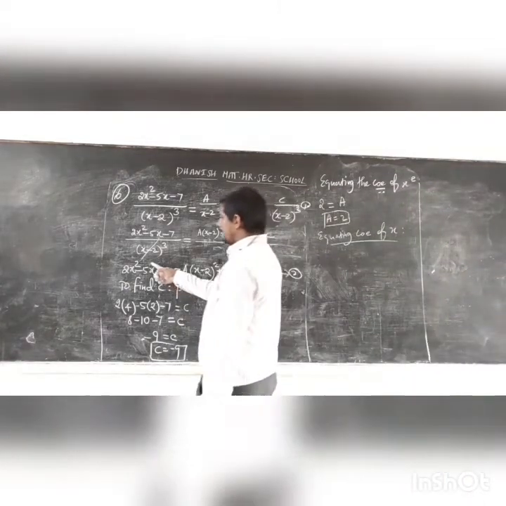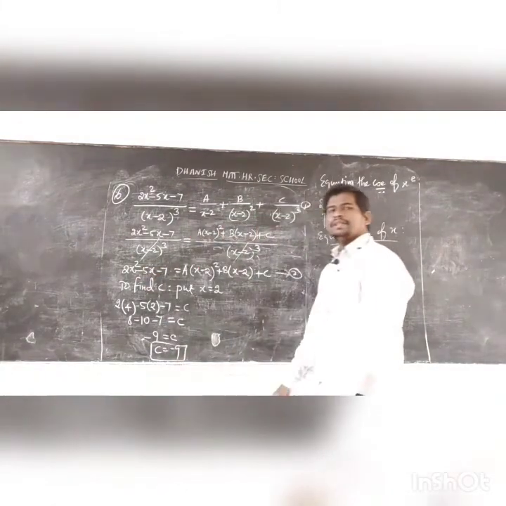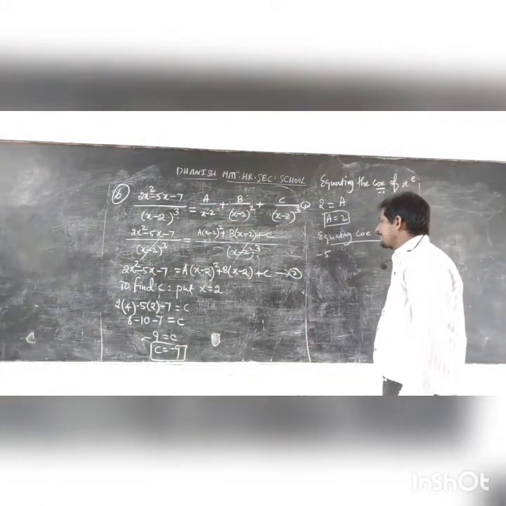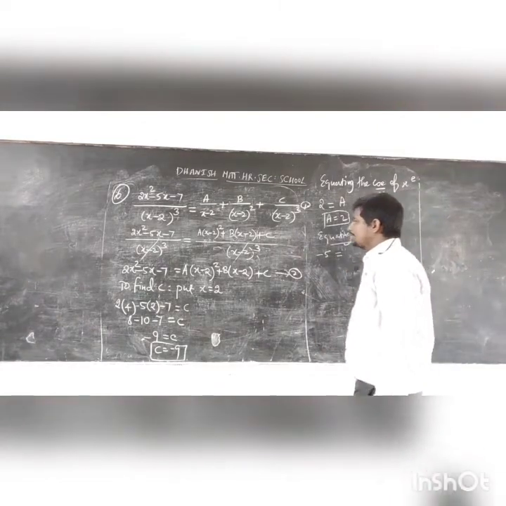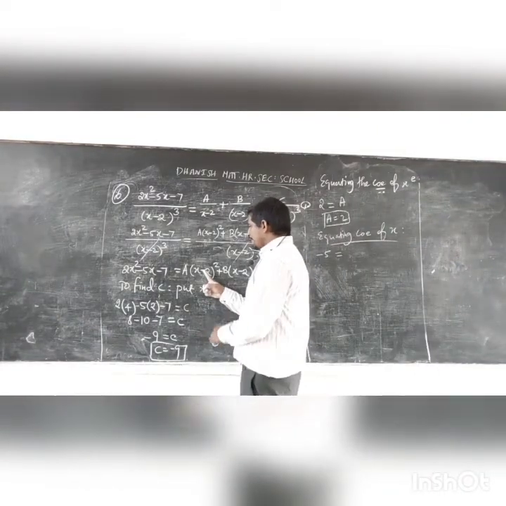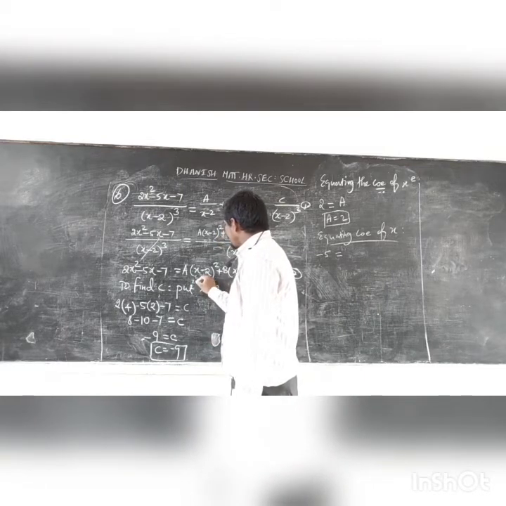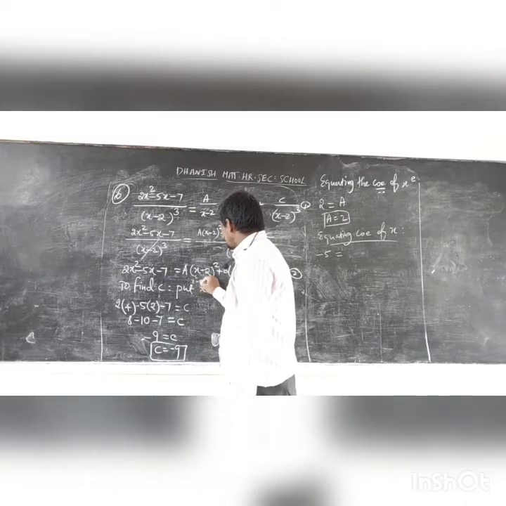Look at this. Here we are having minus 5x. So from the x term we can take the coefficient as minus 5 equal to, look at this. If I expand this, I'll get x square minus 2ab, so minus 4x plus 4.